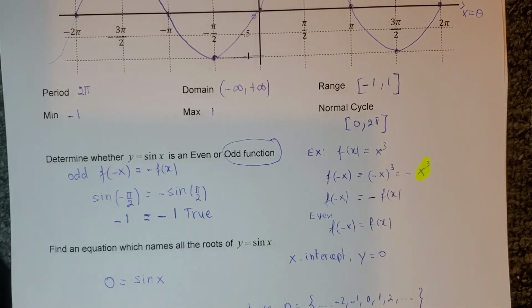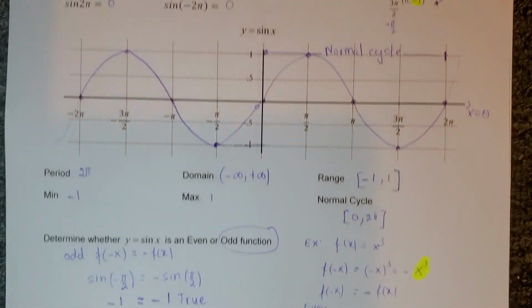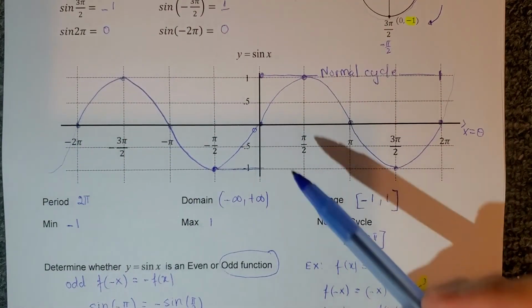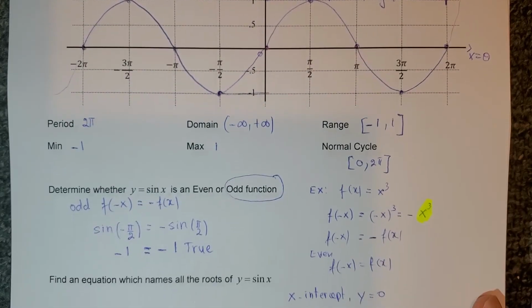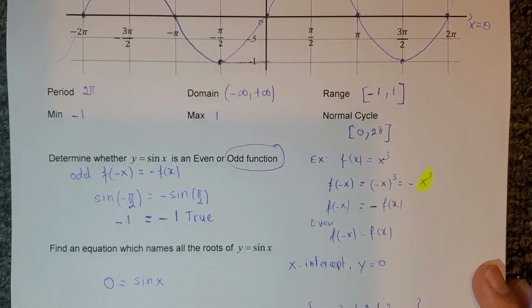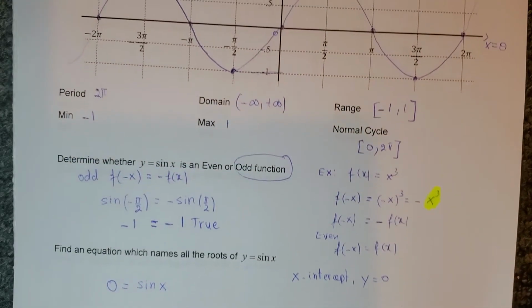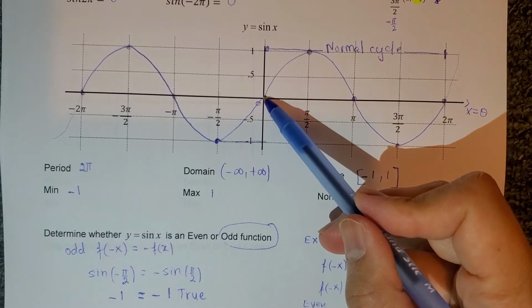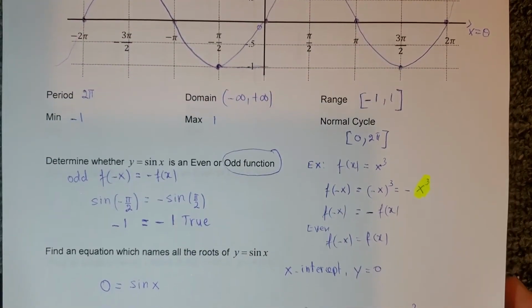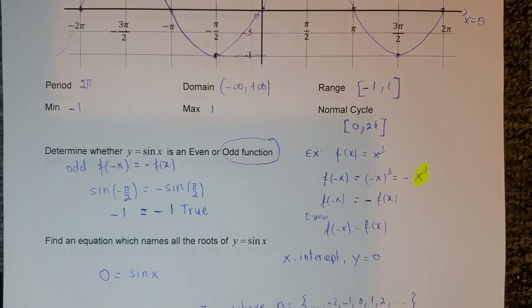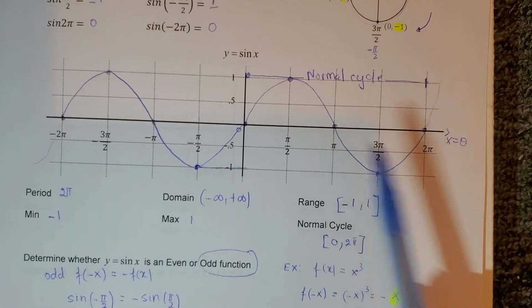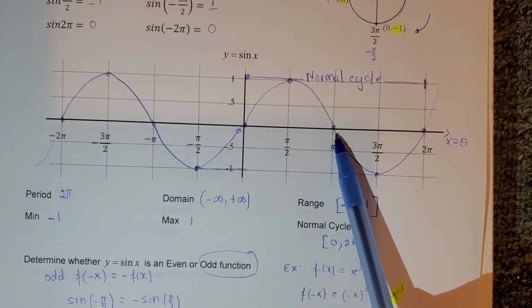Let's take a look if this makes sense. If n equals 0, then 0 times pi is 0, so my angle is 0. That's on my x-axis. When n equals 1, that's pi, which is right here on the picture. That's your x-intercept.